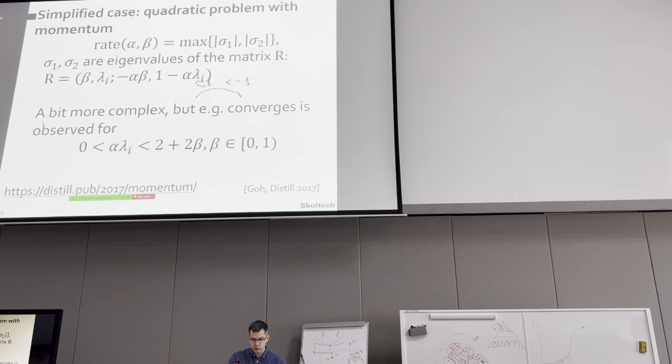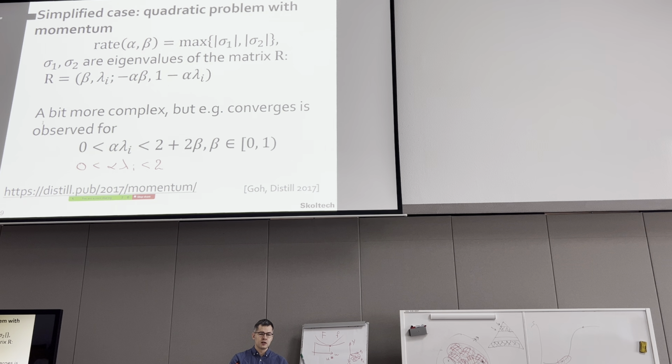And actually we can do something similar for our method with momentum. If we add momentum to our method, we obtain a similar picture, but a bit more complex. So basically, before we were interested in actually alpha lambda i between this guy and this guy.